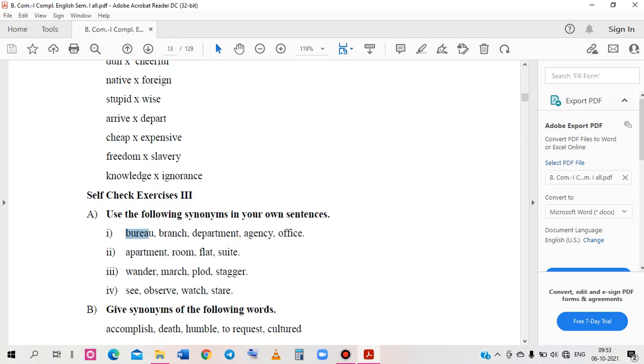For example, bureau. He is working in a bureau. Branch. He is working in one of the branches of Bank of Maharashtra. Department, agency, office. Then apartment, room, flat, suite.